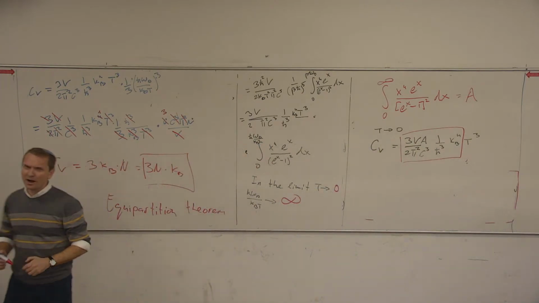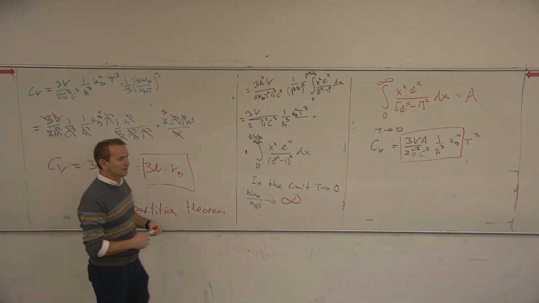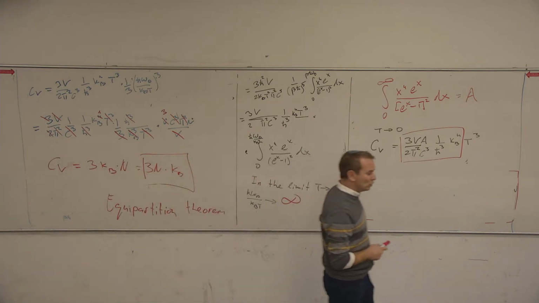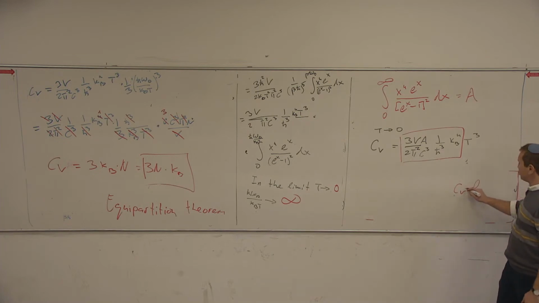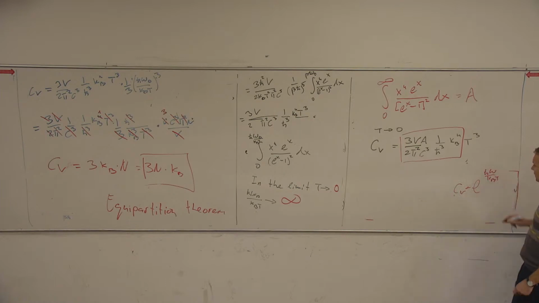This is the limit where Einstein failed. Einstein failed in the limit of low temperatures, because in the Einstein model, C_V was proportional to e to the power of ħω divided by k_Boltzmann T, with a sign of minus.